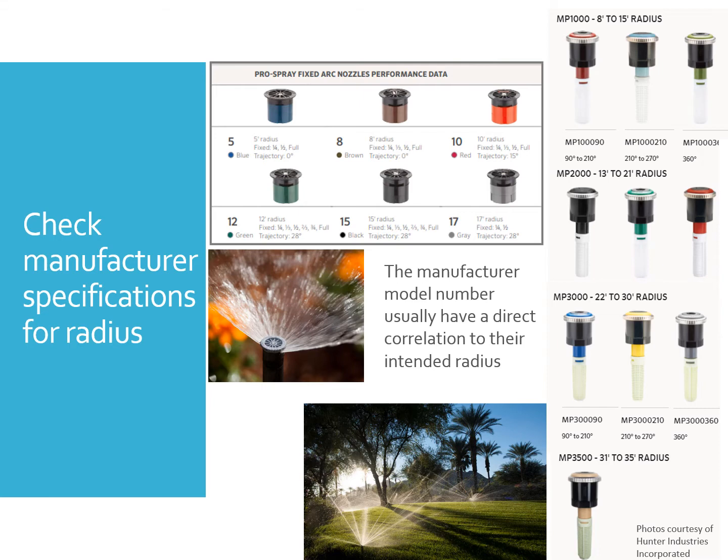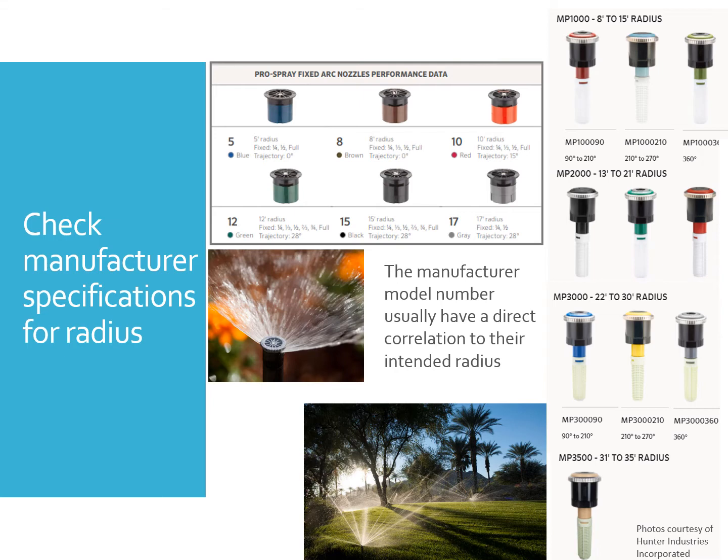But also in the MP rotator series, it's not a perfect system, but once you kind of understand it, it's a little bit easier. So here the MP 1000 is from 8 to 15 feet. So if you think of that as about 10 feet, not 1,000 feet, but 10 feet. The MP 2000 is right around the 20-foot radius.